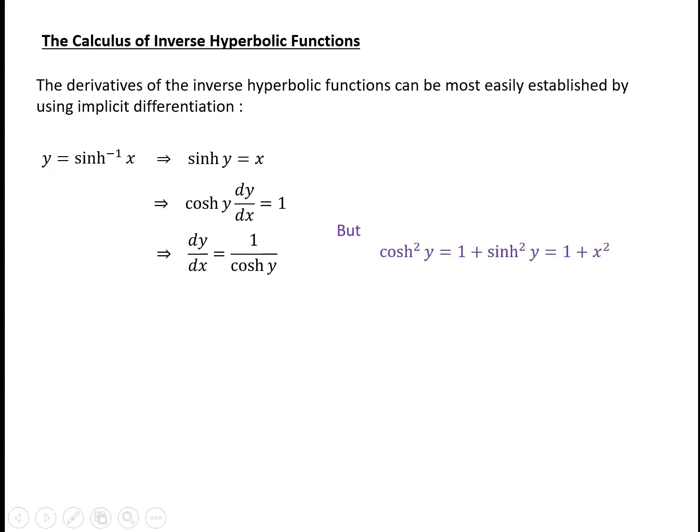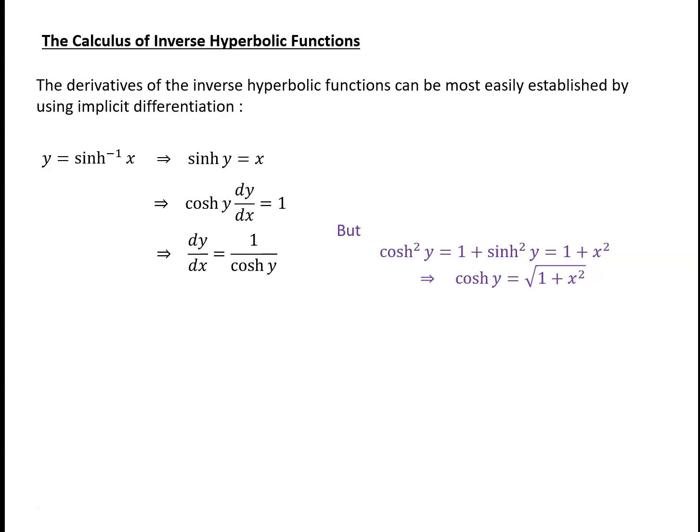In other words, cosh squared y must equal 1 plus sinh squared y. But sinh y is x, so we've got cosh squared y is definitely equal to 1 plus x squared. So that tells me that cosh y must be equal to the square root of 1 plus x squared.